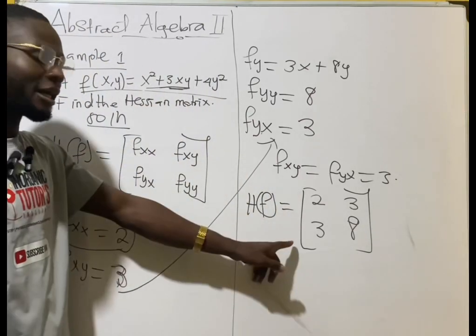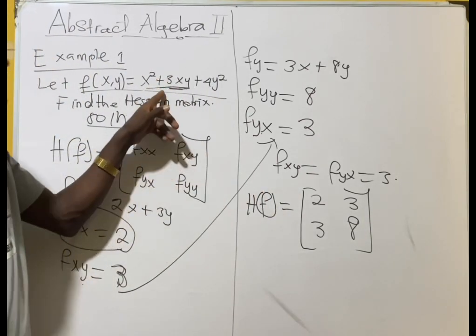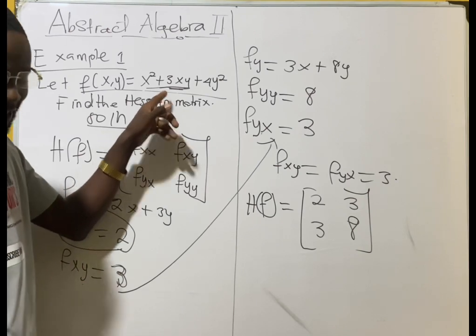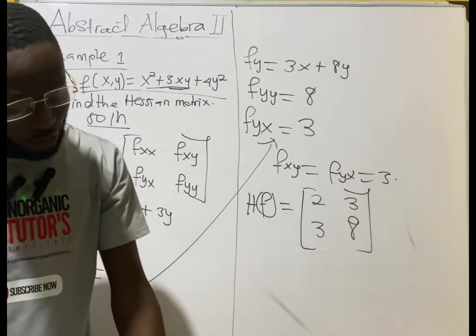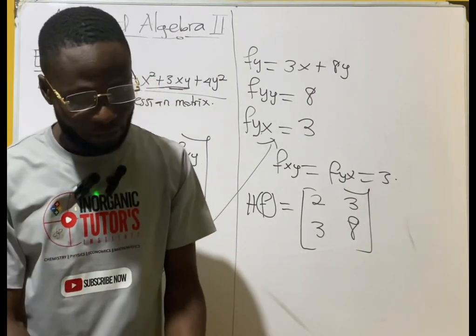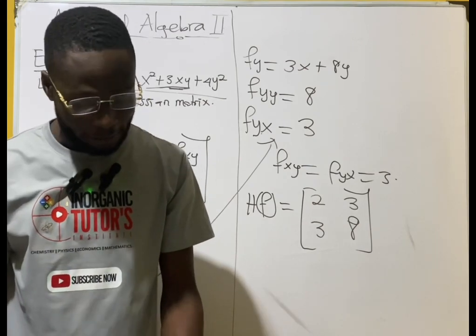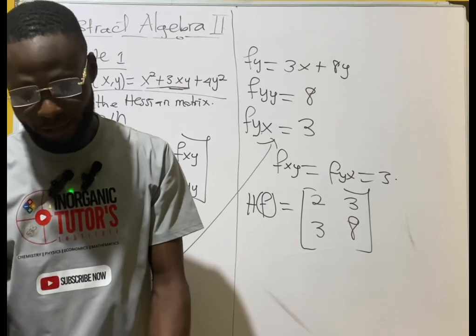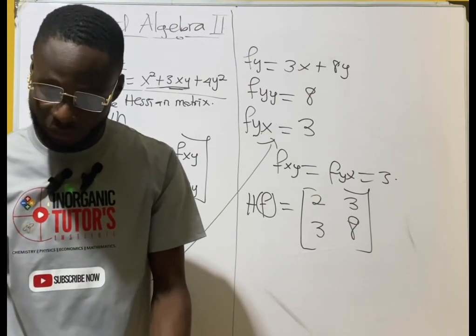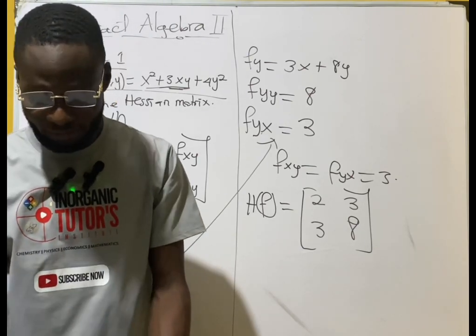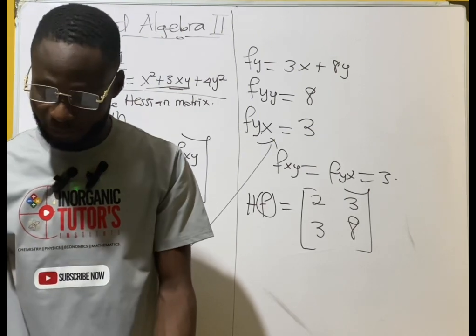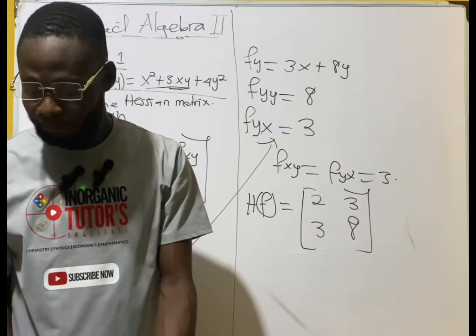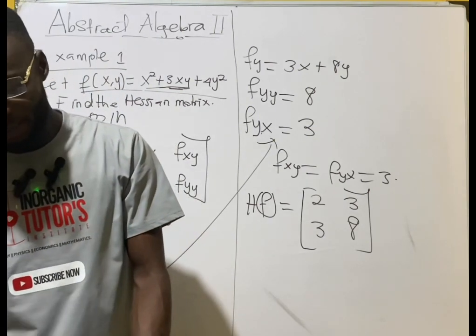So this is our Hessian matrix from this function. That is how we obtain the Hessian matrix out of a function. Very, very simple. Let's look at another example.